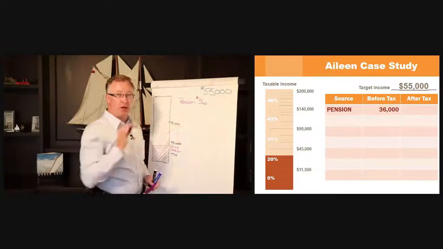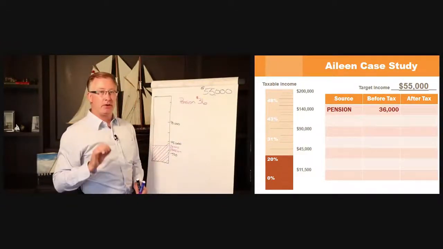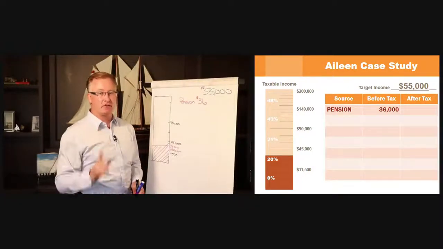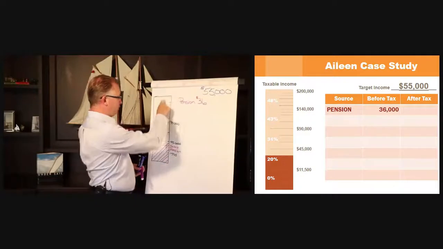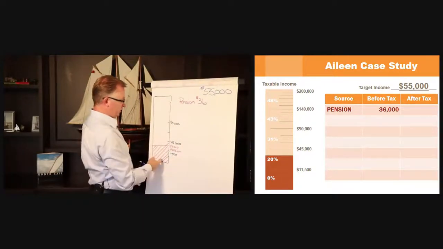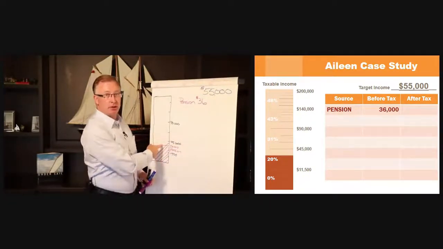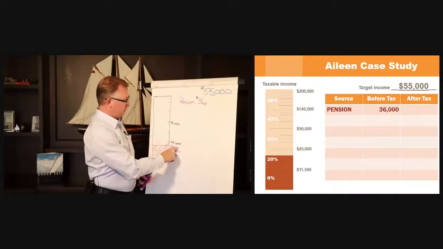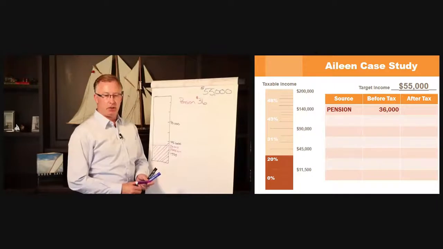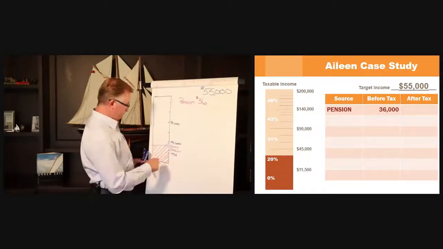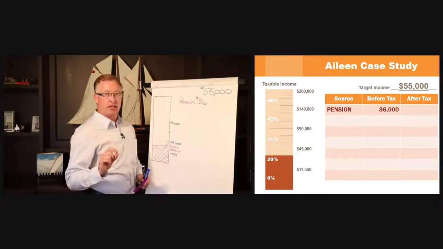On your pension, you have not paid tax on that money. Fundamental rule of taxation says the government always gets paid, so you have to pay tax on that. You pour it into your taxable income tube. It starts to fill up your taxable income tube to give you your $36,000 before tax. So, on the first $11,500, she pays 0 in taxes.